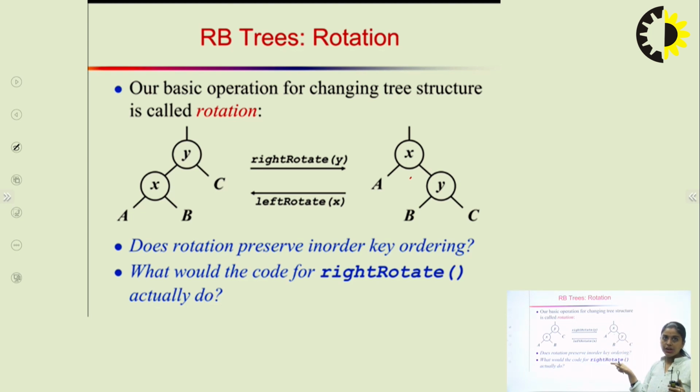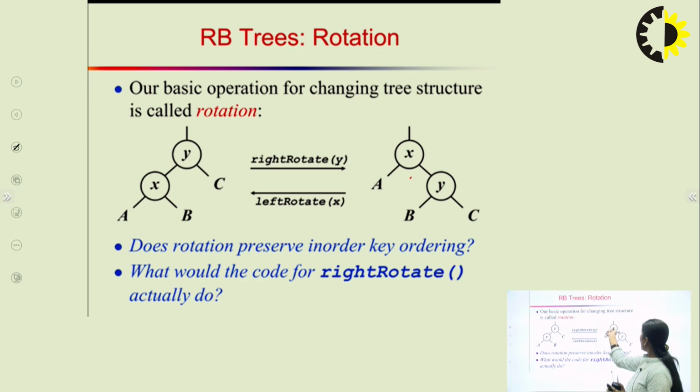What does not change? The A, which is the left child, after the rotation is again the left child of X. And when we are stretching X down, the Y node obviously moves up. And what does not change? Again the C, which is the right child, and after the rotation again it is the right child. What changes?